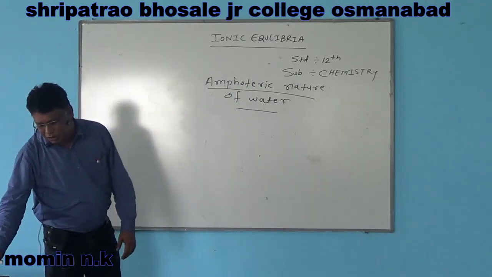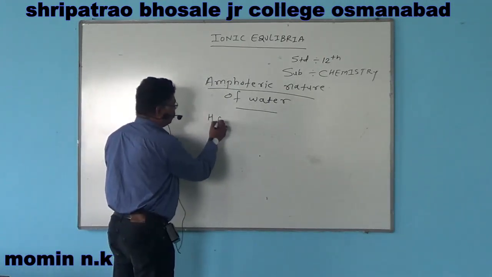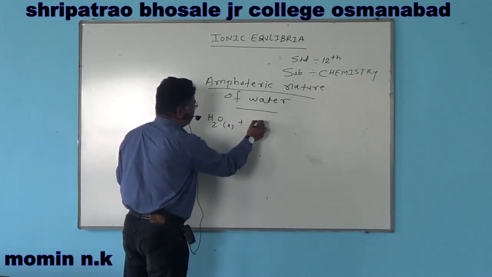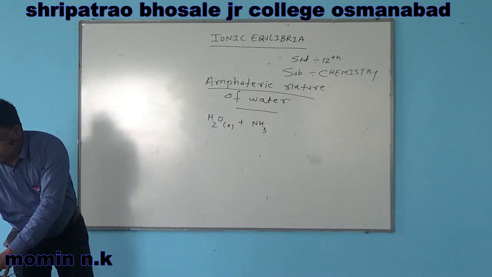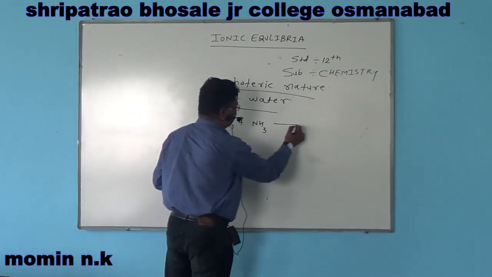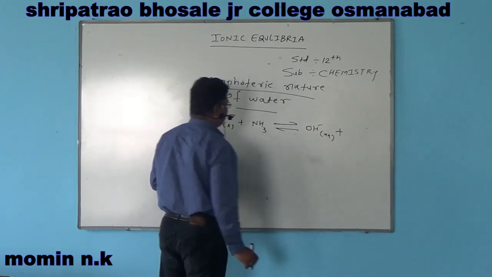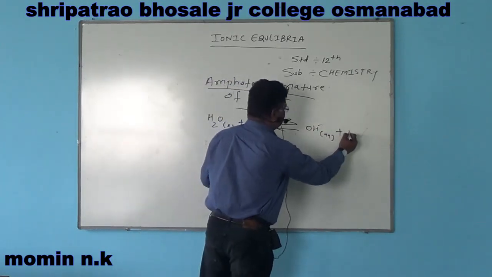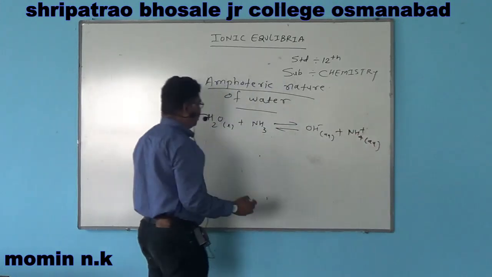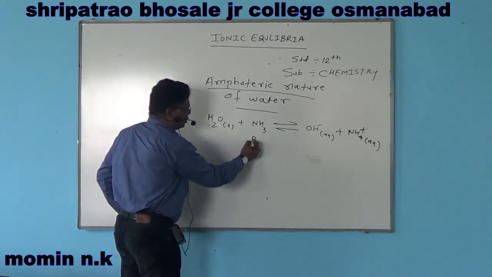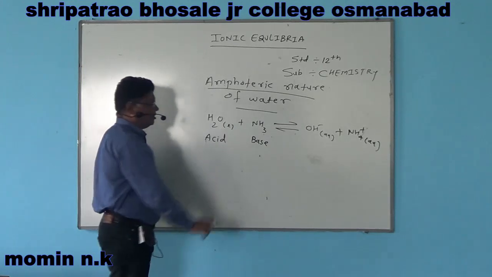From this example, it is clear. For example, H2O liquid plus NH3 gives OH minus aqueous plus NH4 positive aqueous. Here you know that ammonia is a base. That's why here water acts as acid.